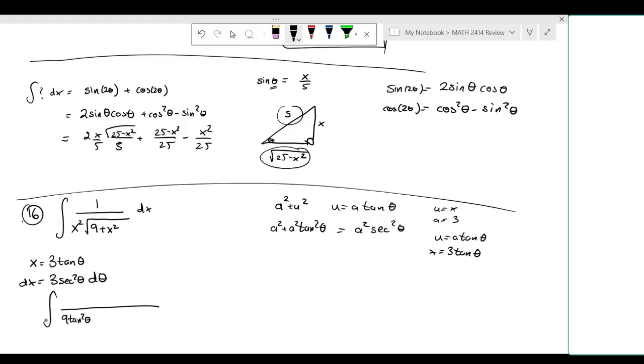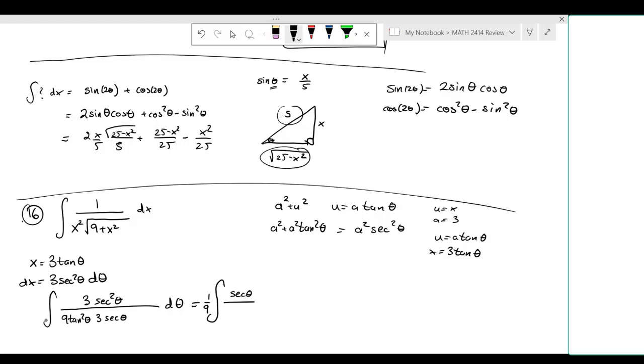It's x squared. We know that this will become, what does that become? 3 secant. And dx, don't forget dx is 3 secant squared. What kind of integral do we get here?